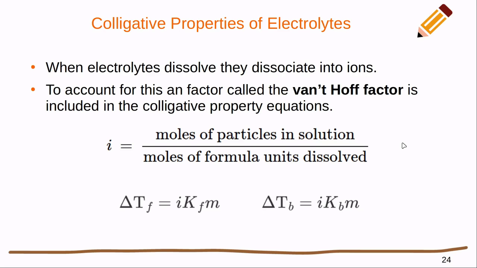So in the case of sodium chloride, where we have sodium ions and chloride ions being released for every one sodium chloride formula unit we add, okay, the top here is going to be 2 for our 2 different ions. The bottom here is going to be 1. Our i factor will be 2. All right, and we just add that little fudge factor into our equations, and we can still use these equations to calculate our colligative properties.